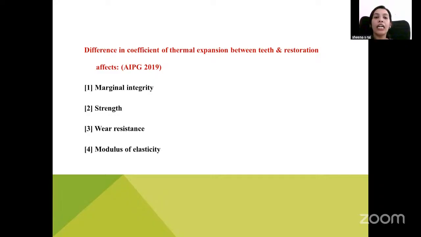Next question. Difference in coefficient of thermal expansion between teeth and restoration affects. As I discussed in the early dental materials class, coefficient of thermal expansion is a very important topic.